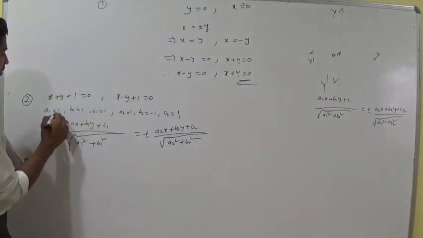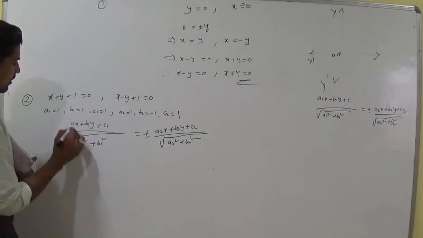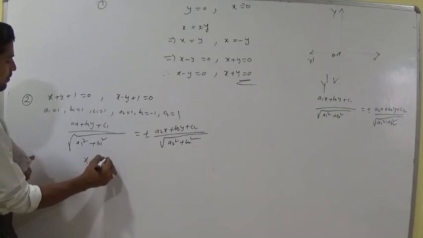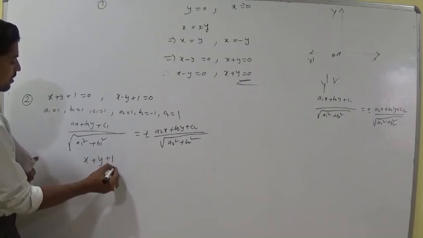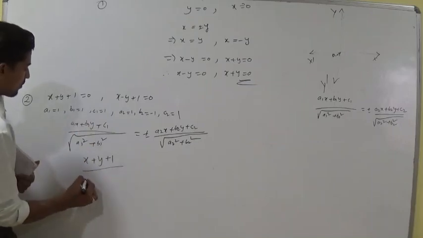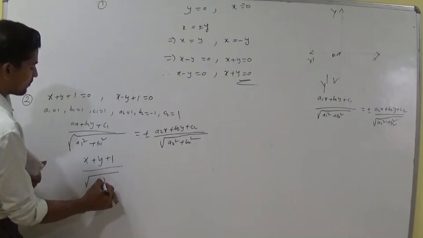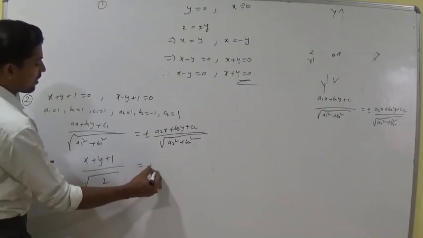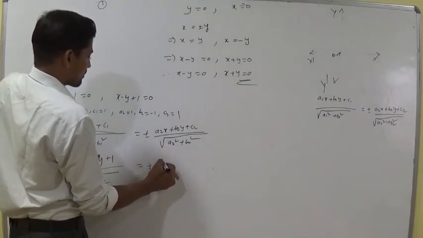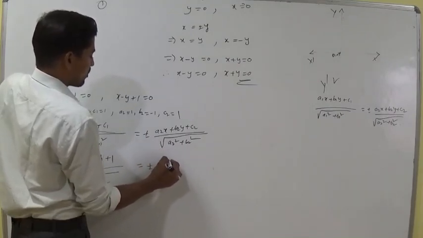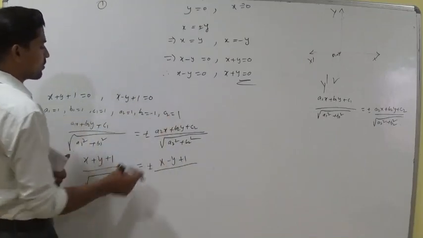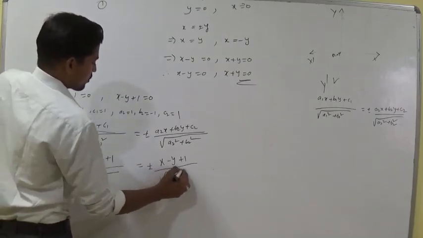So what is a1 here? 1 into x is x, plus y plus 1 by square root of 1 square plus 1 square, which is root 2, equal to plus or minus a2x, so x, and b2y, so minus y, plus c2, 1, by square root of a2 square plus b2 square, which also becomes root 2.